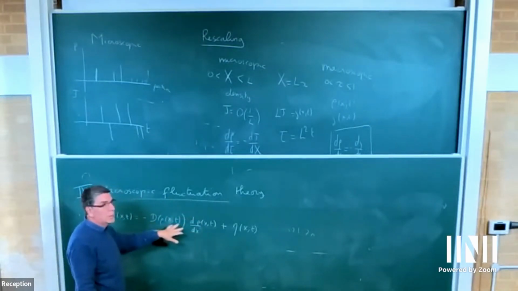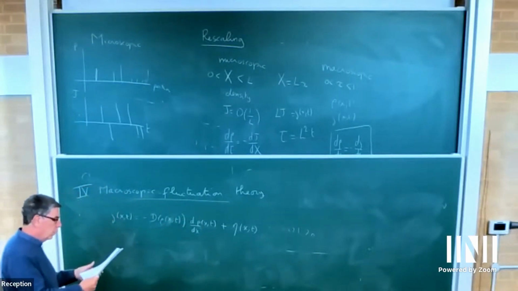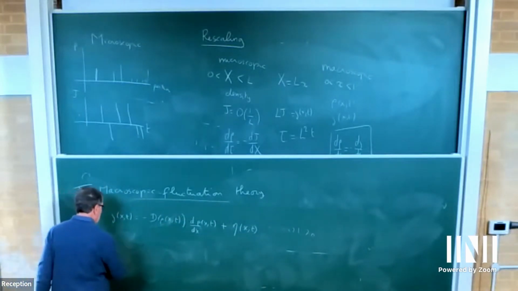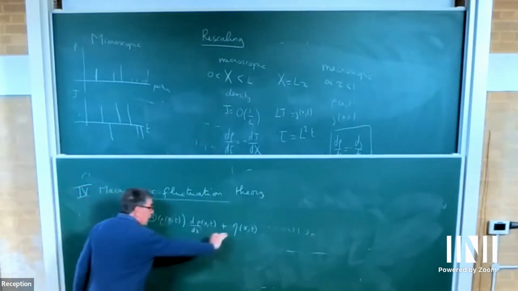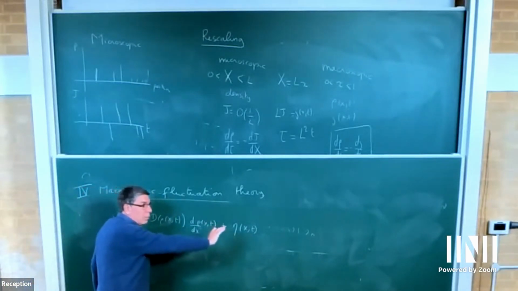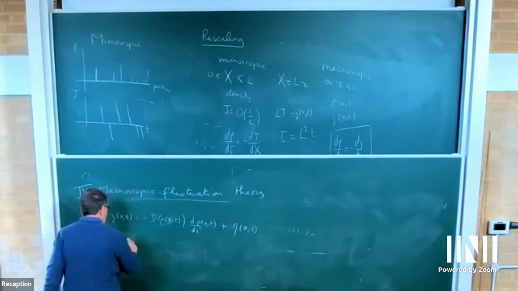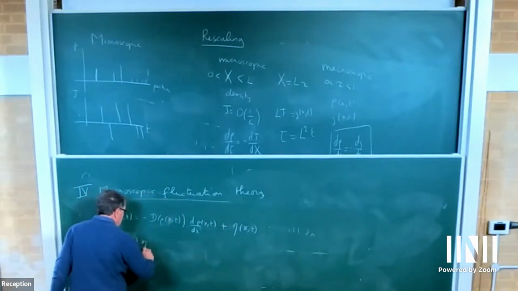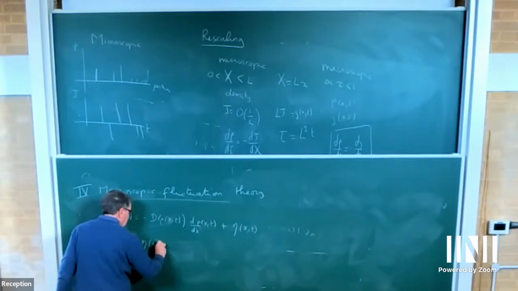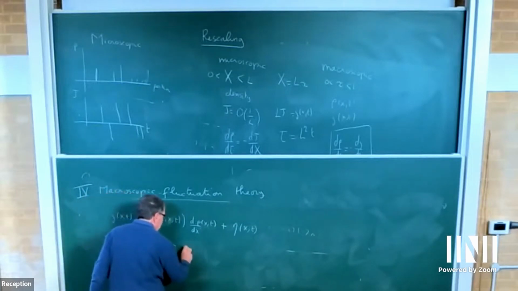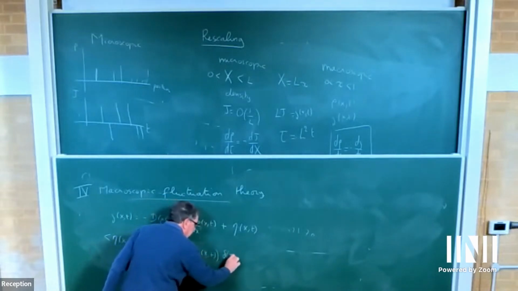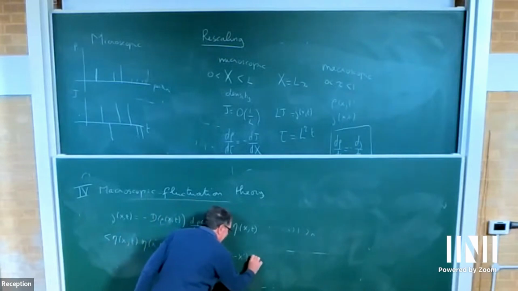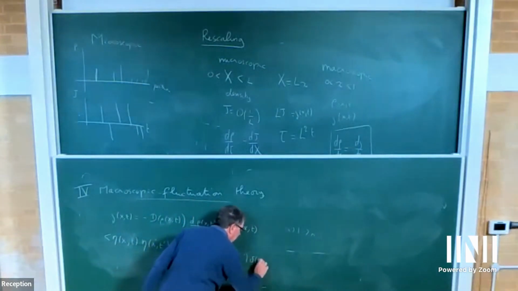And this fluctuating hydrodynamics says that the system on large scale is described by this equation, and the noise is just a white noise in space and time, with respect to t, delta of t minus t prime.